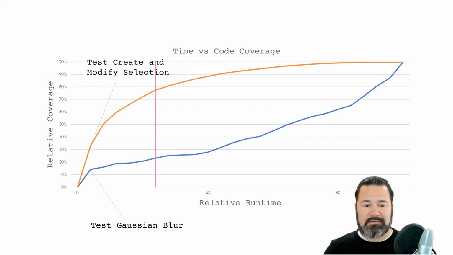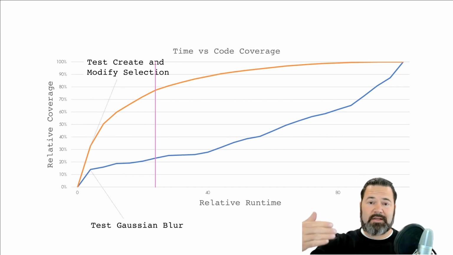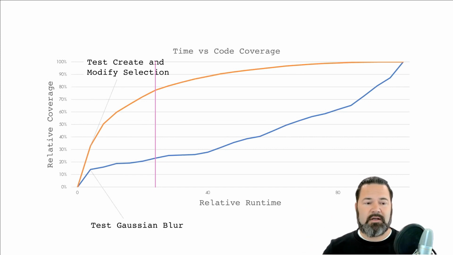In this chart, we have the relative runtime to the right and the relative coverage on this axis. Relative runtime means 100% means we have executed the entire suite of automated tests. And relative coverage means we have achieved the code coverage of executing all tests.